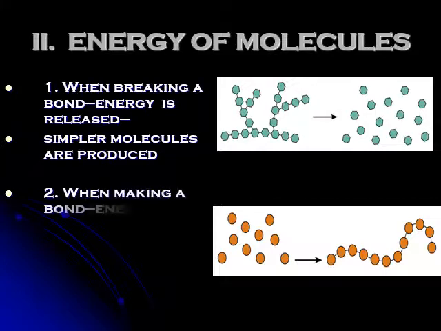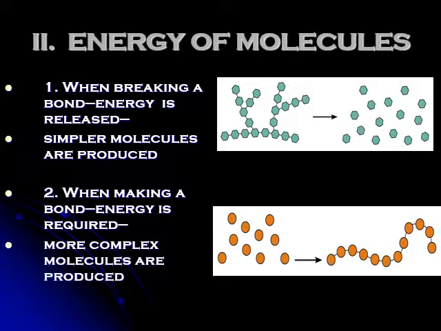Going on to the next one, we see that when you are making a bond, a bond just doesn't form by itself. It requires energy. Energy is needed to put all those pieces together. It's like building a structure. You need to put energy into building your tower or your building or whatever structure you're going to be making.